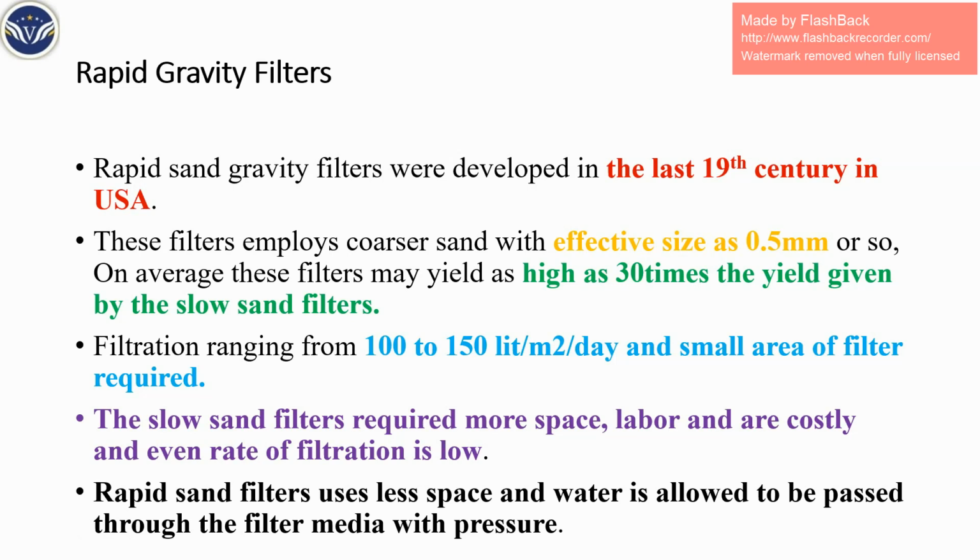And even the rate of filtration is very slow compared to the rapid sand filter. So the rapid sand filter requires less space, first thing, and water is passed through the filter media with certain pressure in a rapid sand filter.